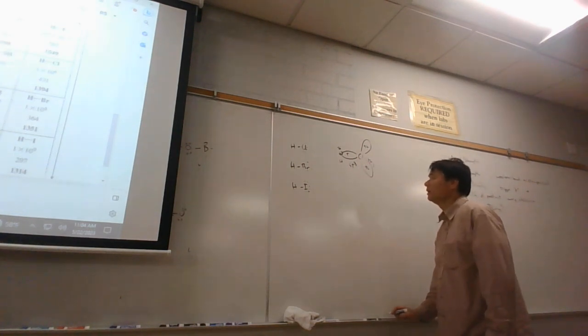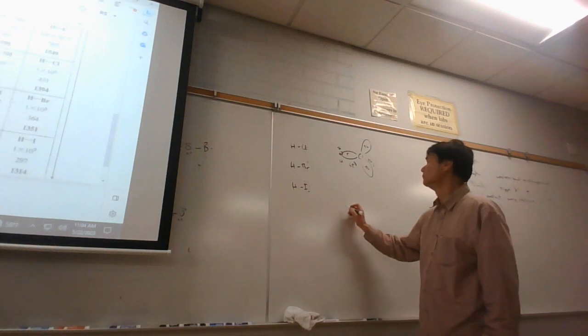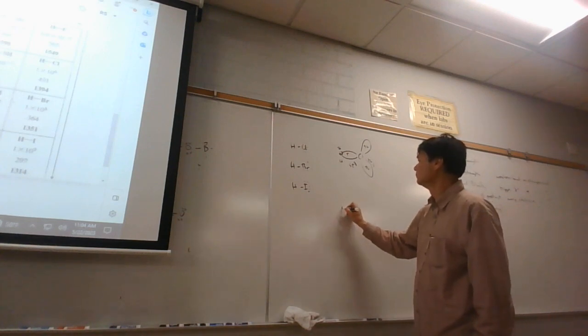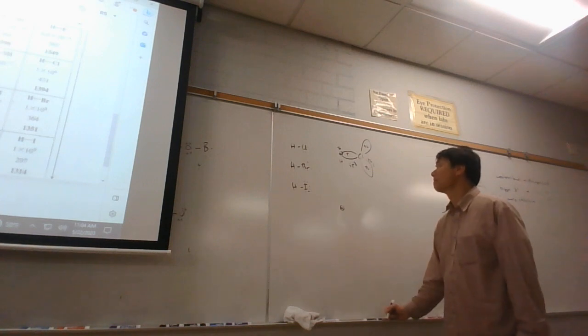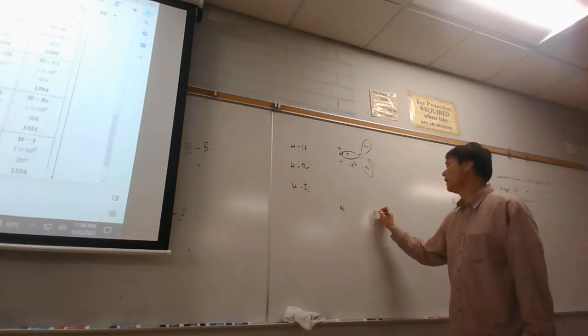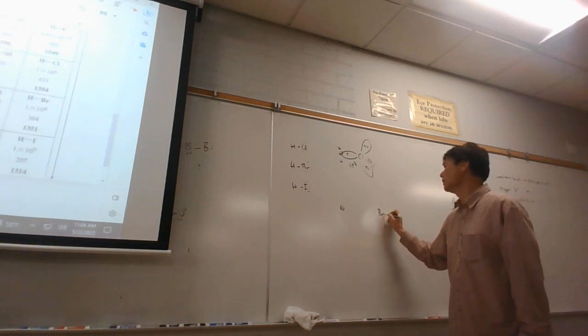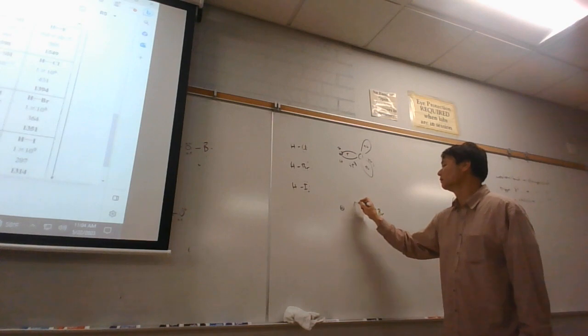What's the difference between chlorine and bromine? It's going to be the 4, so the next shell, which means the orbitals are going to be a lot bigger.